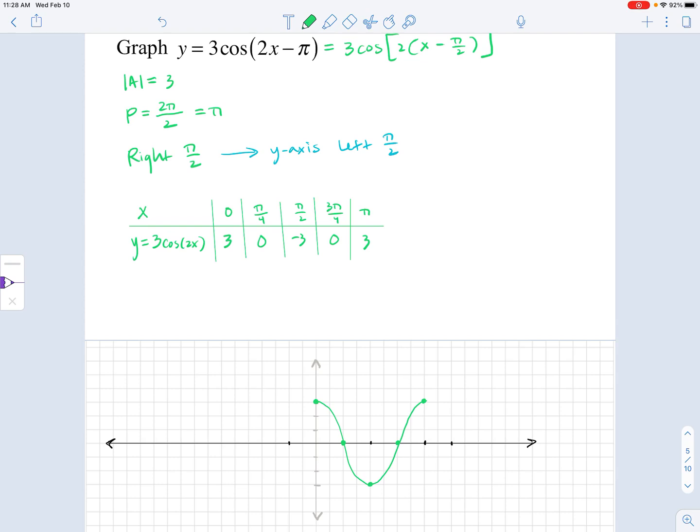And then I'm going to extend the graph. You can either extend now, or you can extend after you have shifted. That is also your preference. I'm going to extend now, and I'll extend a little bit to the left.